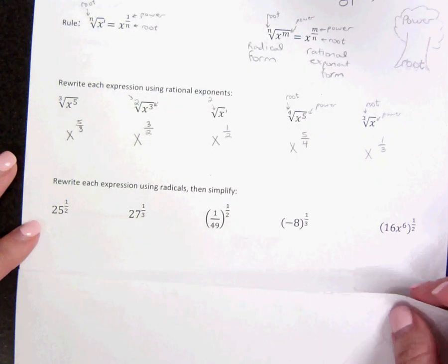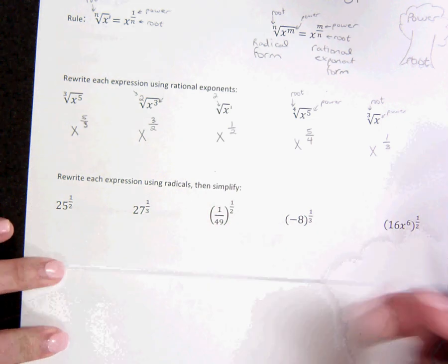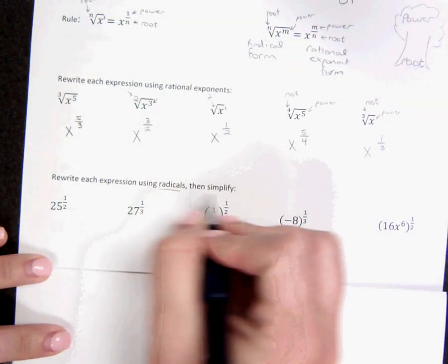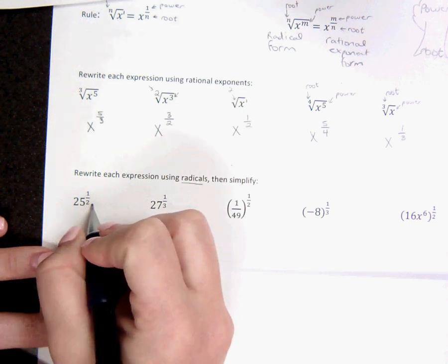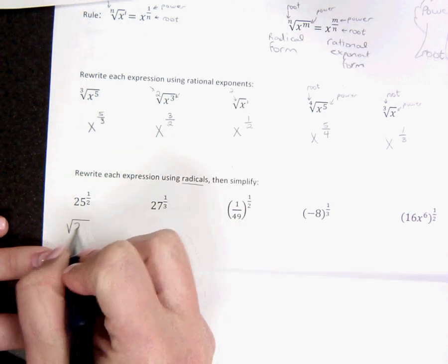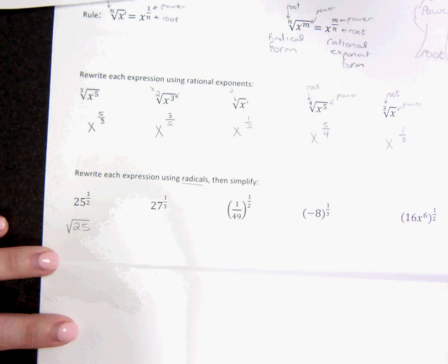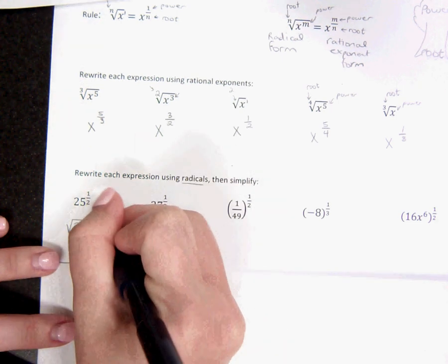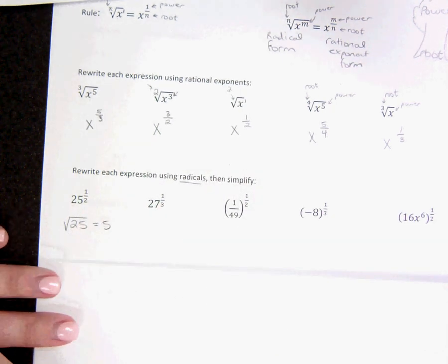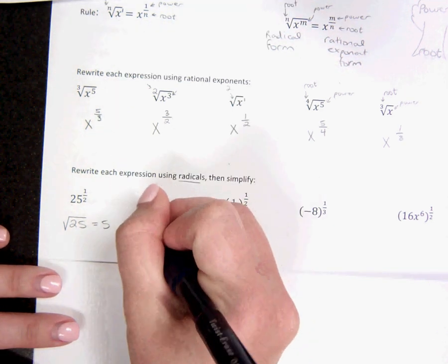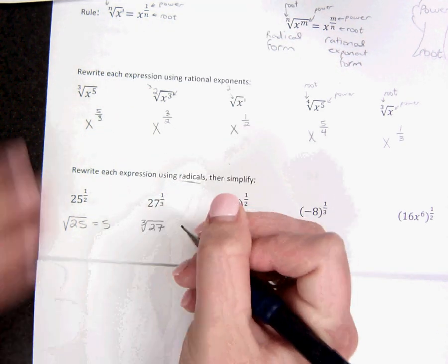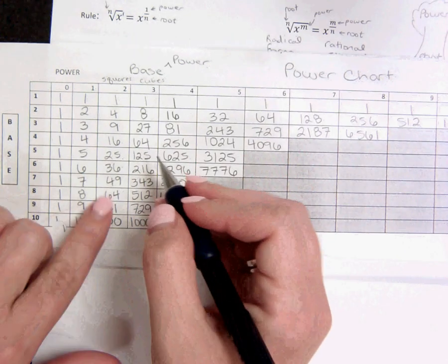Let's put it to use with some values here. Rewrite each expression using radicals and then simplify. So 25 to the 1/2 power is the same thing as the square root of 25, which is 5. 27 to the 1/3 power is the same thing as the cubed root of 27, which you can use your power chart to help you out there.